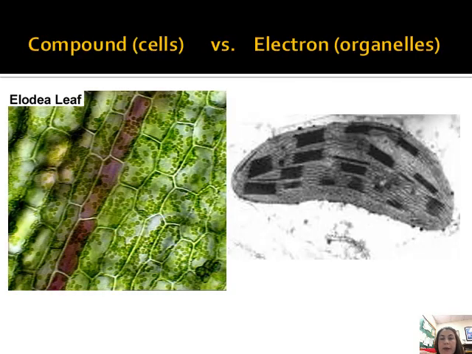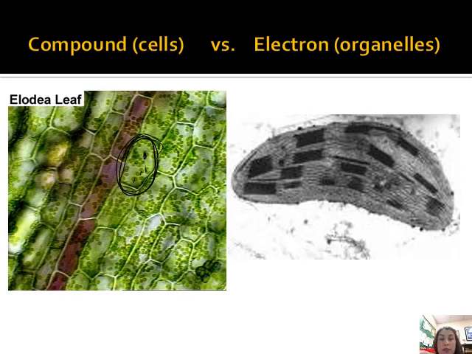If we take a look at this picture here, we see the Elodea leaf. This is a picture taken by one of your classmates during the Animal vs. Plant lab. The Elodea leaf is part of a plant, so you'll notice that each one of these boxes is one plant cell. So we can see actually many plant cells. We can see the cell wall around the outside, and we can see the chloroplasts. Okay, so this is an image that you would see with a compound microscope.